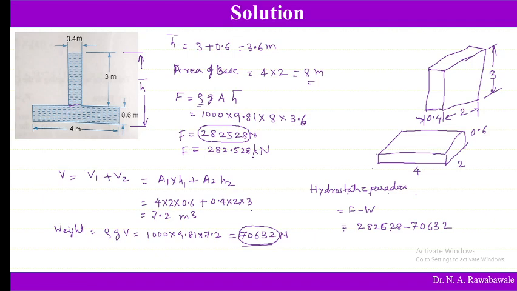So this is 2,11,896 Newton, which is the hydrostatic paradox. So the total pressure and the self weight of water acting at the base are going to be different, and the difference between these two is known as the hydrostatic paradox.